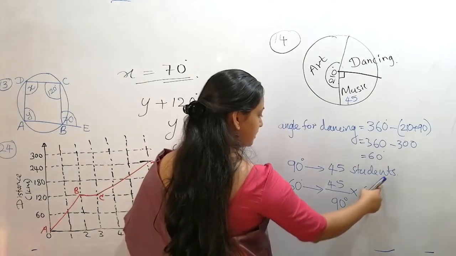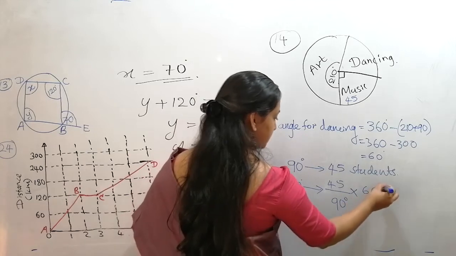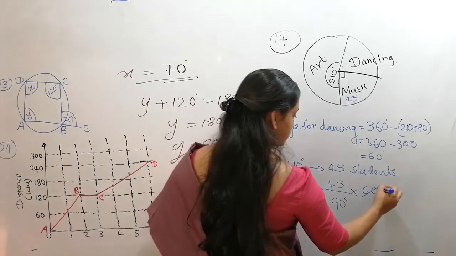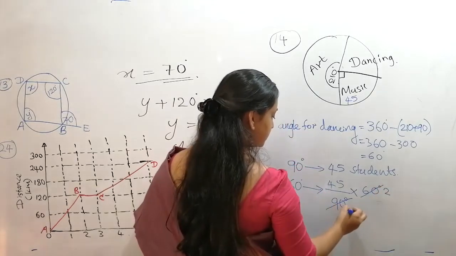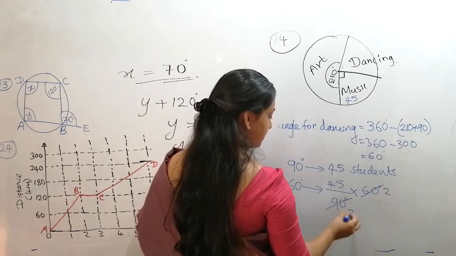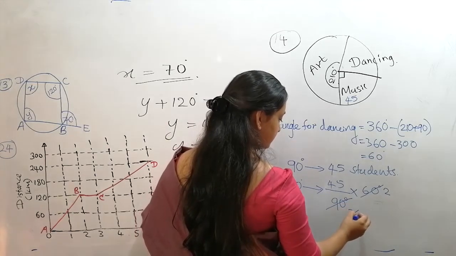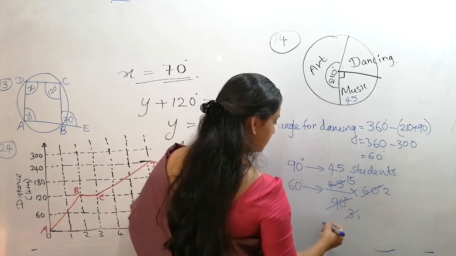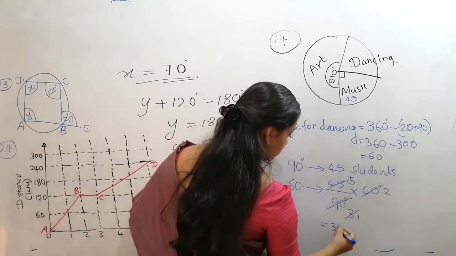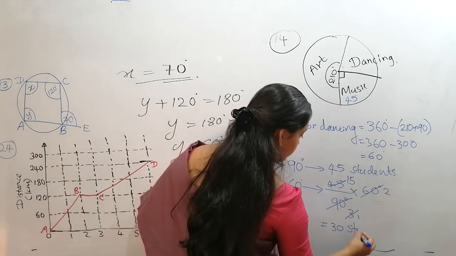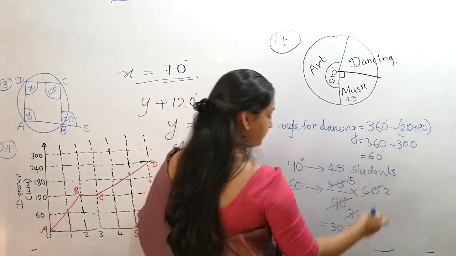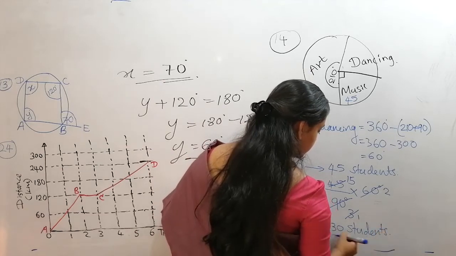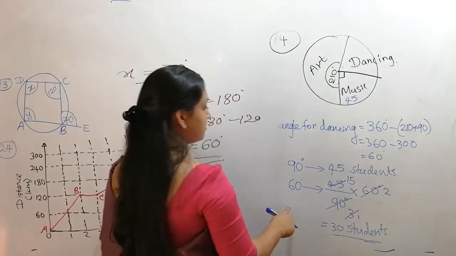If we divide these two by 30, 90 divided by 30 is 3 and 60 divided by 30 is 2. Then we can divide 45 by 3, which gives 15. Then 15 into 2 is 30. That means 30 students study dancing. This is the answer for question number 14.